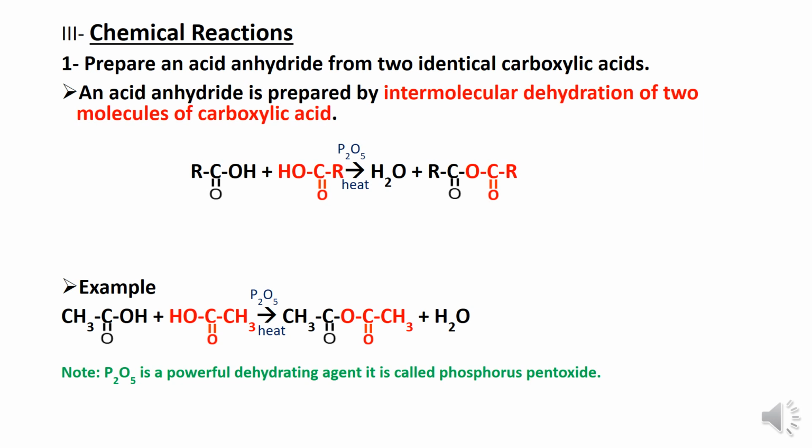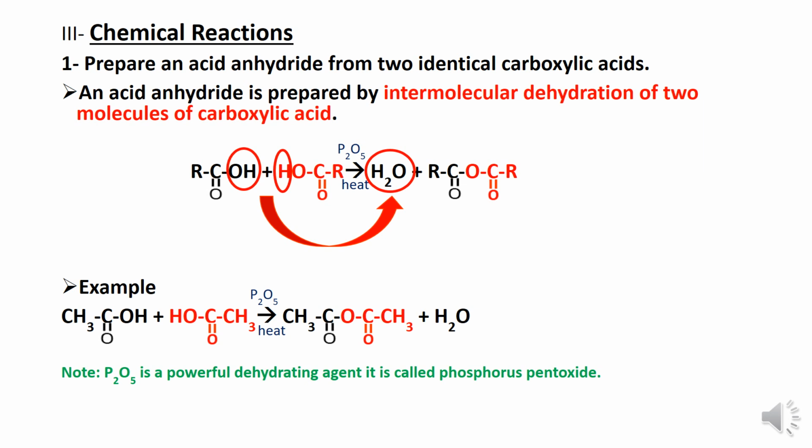You have the hydroxyl group from the first acid and the H atom of another carboxylic acid, which is the second acid, are eliminated as water, and a molecule of acid anhydride is formed according to the following equation.